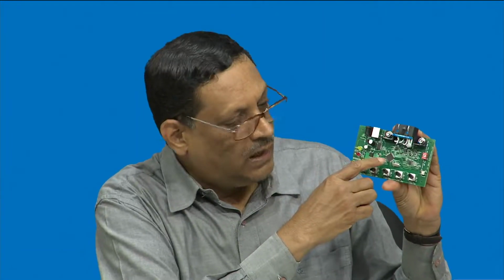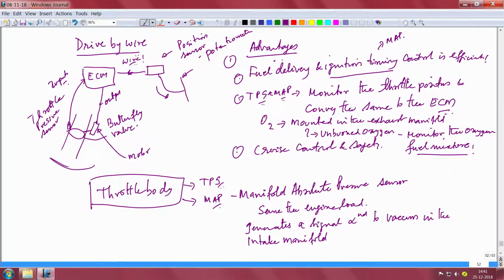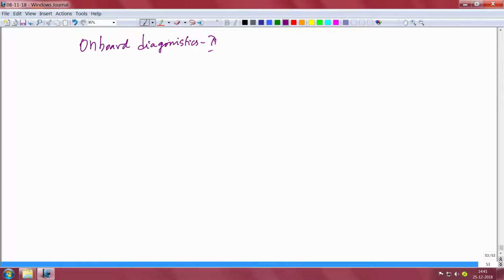But before we go on, I must tell you, you see this ECU here, this is a complete ECU system, right. You also see that there is a connector here, this is called the OBD2. What OBD stands for is onboard diagnostics version 2.